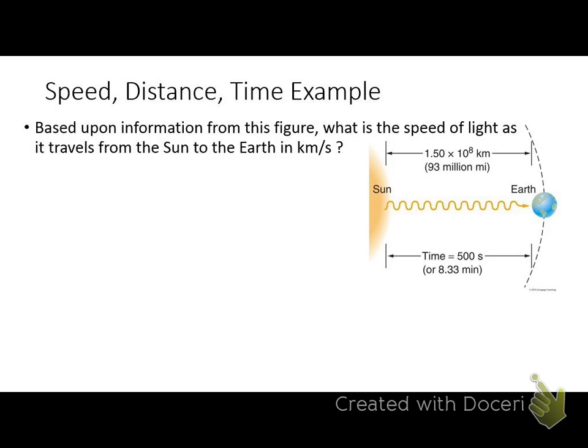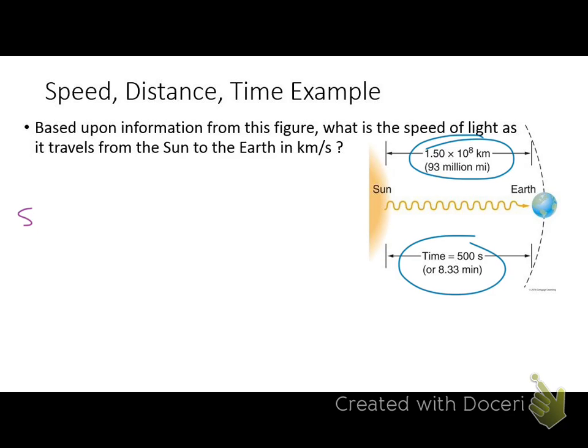So basically, we have a little bit of light, a little photon piece of energy coming from the sun. They show how far that light needs to go in the top number. This is how far it needs to go from the sun to the earth, and this is how long it takes. So we have distance and time, and we're supposed to come up with a speed. That's not too bad. That's kind of like what you did for your homework.